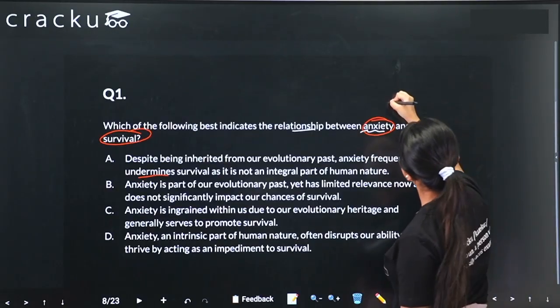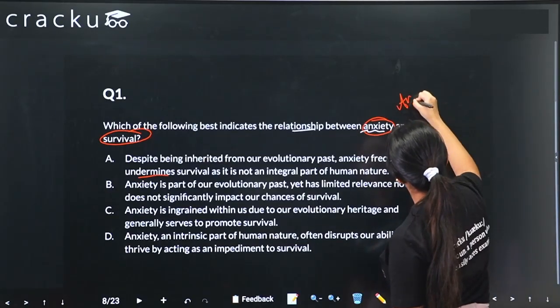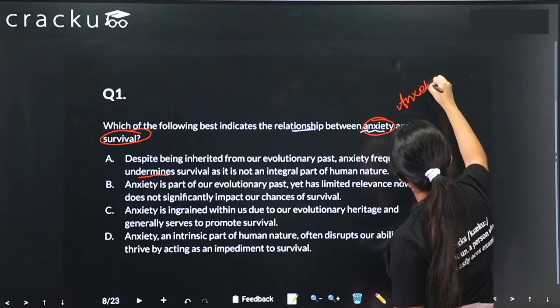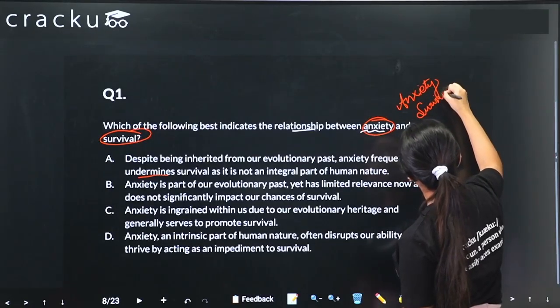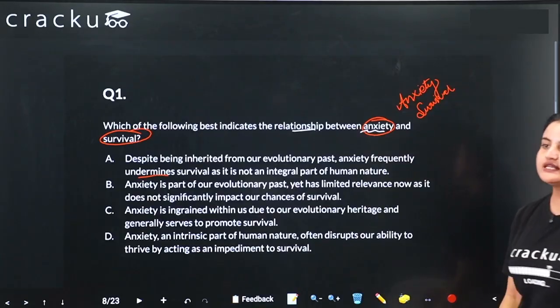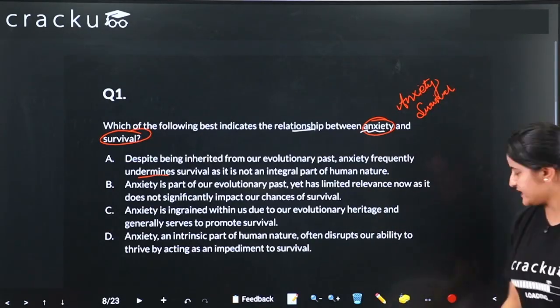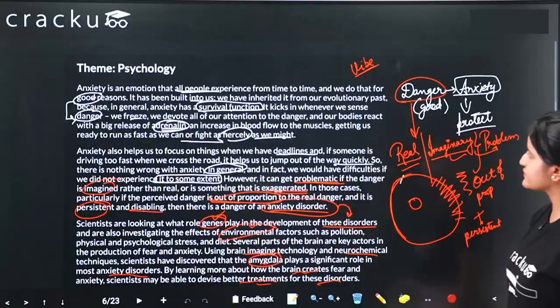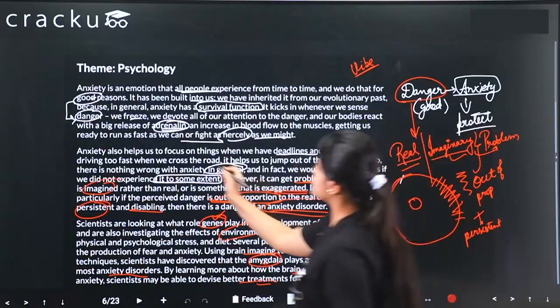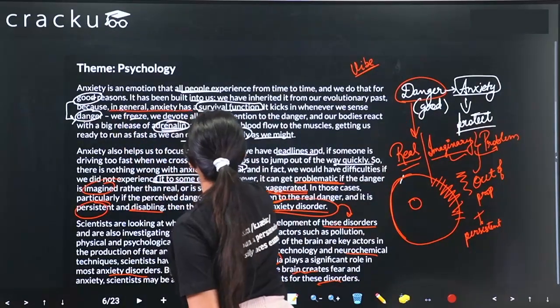We remember reading that anxiety and survival have a relationship, and they are important for each other. Anxiety is helping survival. This much we remember. We can always go back and refer to it also, right? That anxiety has a survival function.